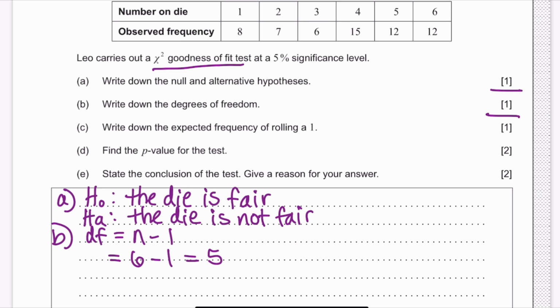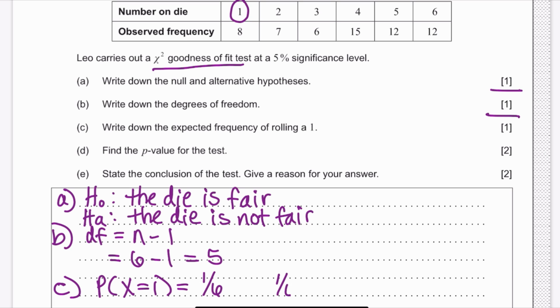For part C, write down the expected frequency of rolling a 1. The probability that you roll a 1 is going to be 1 out of 6 because one side is going to have the number 1 out of 6 sides. But here, remember that you're rolling this 60 times.